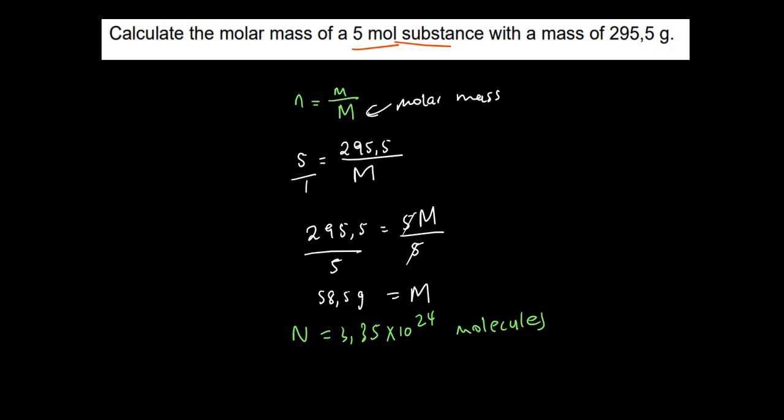It's important to use the correct unit. So the unit is grams per mole. That is the molar mass of that substance. You cross multiply and then you divide by 5.